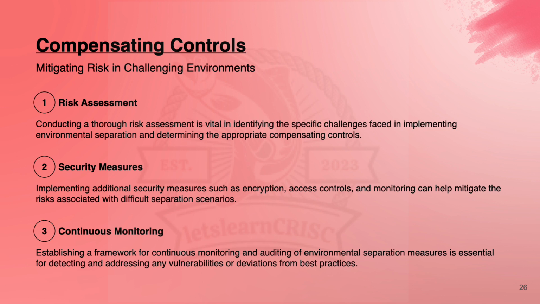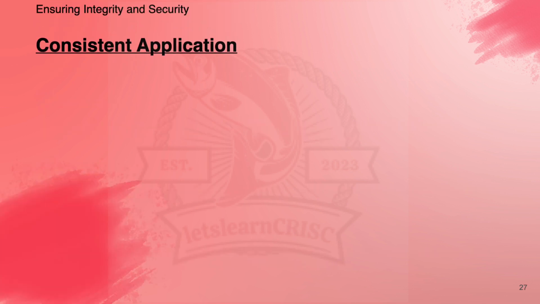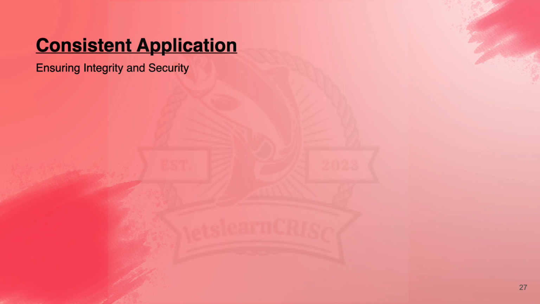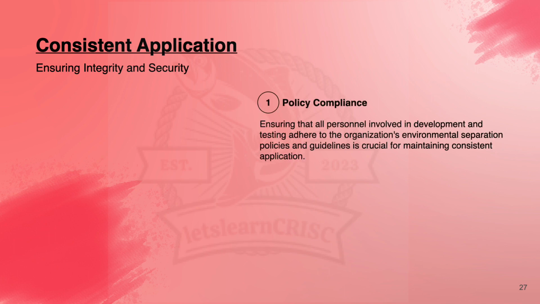Moving next, we'll discuss some consistent applications for ensuring integrity and security. First is policy compliance. Friends, policy compliance involves making sure that all individuals engaged in development and testing follow the organization's environmental separation policies and guidelines.